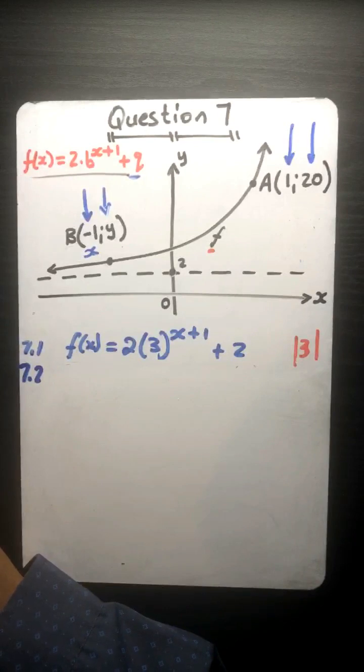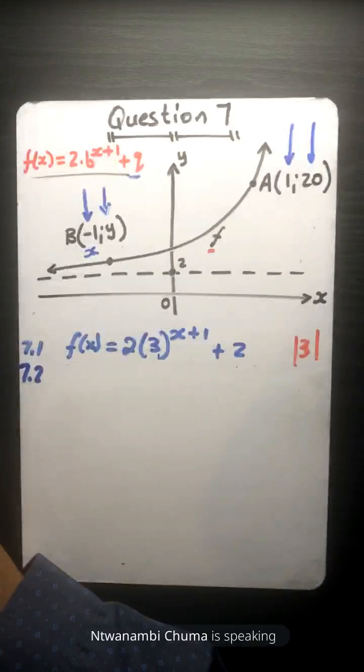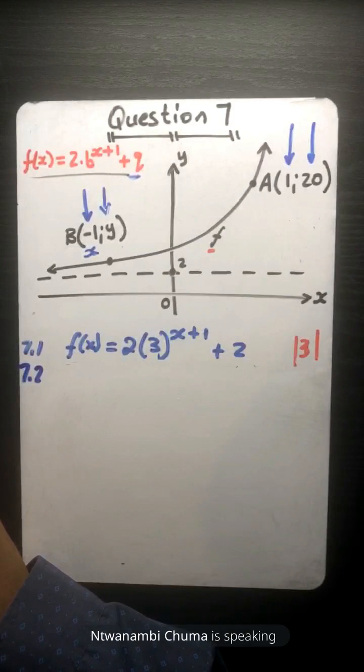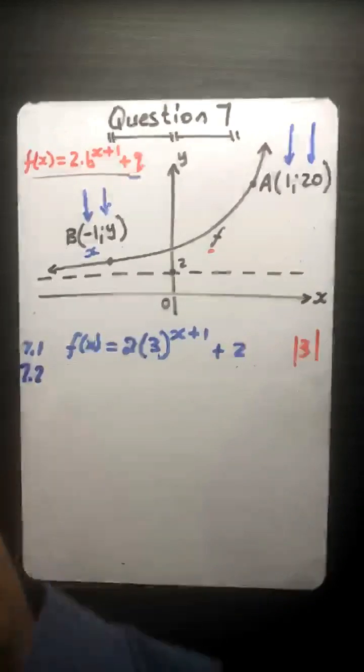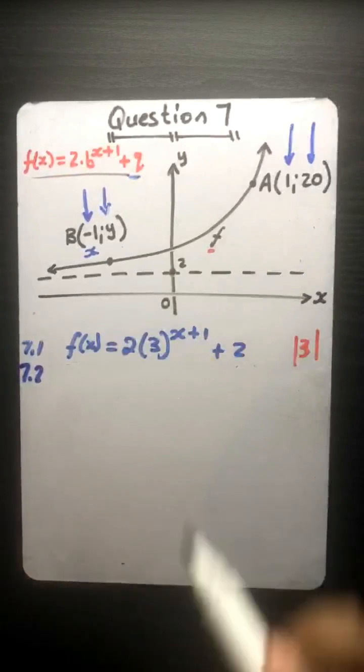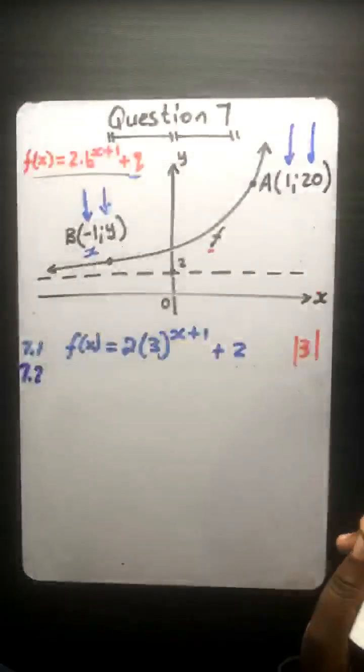Can you hear me? Yes, sir. I wanted us to do it in the form of a dialogue so that the others could also understand. So I was saying, point B is on which function?